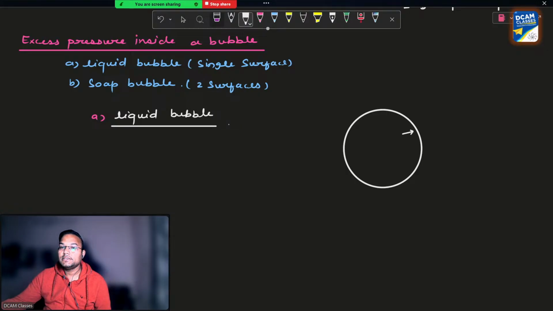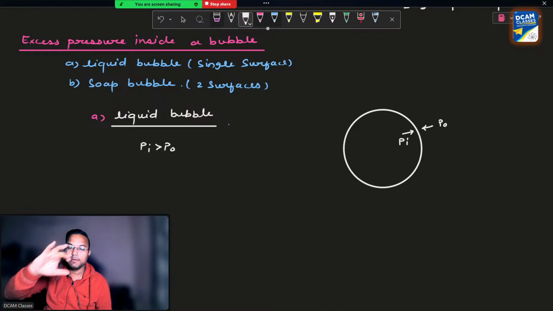Suppose the pressure inside this bubble is Pi, and the pressure outside this bubble is P naught. We need to calculate this difference. Obviously, Pi will be greater than P naught, that's why the bubble is of this shape. But we need to find out the difference, Pi minus P naught.